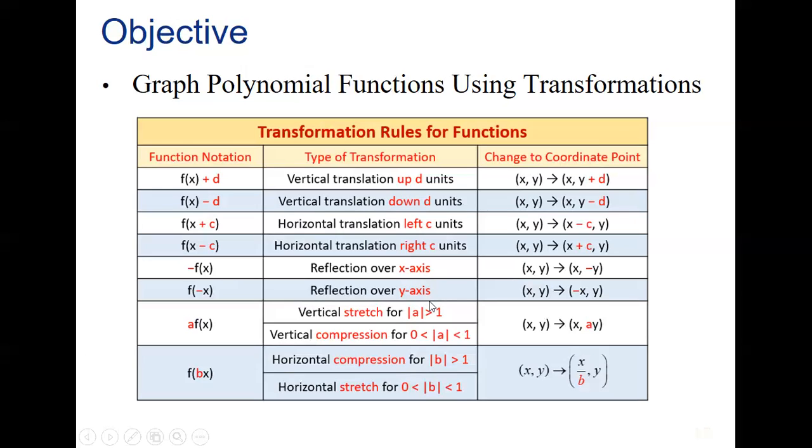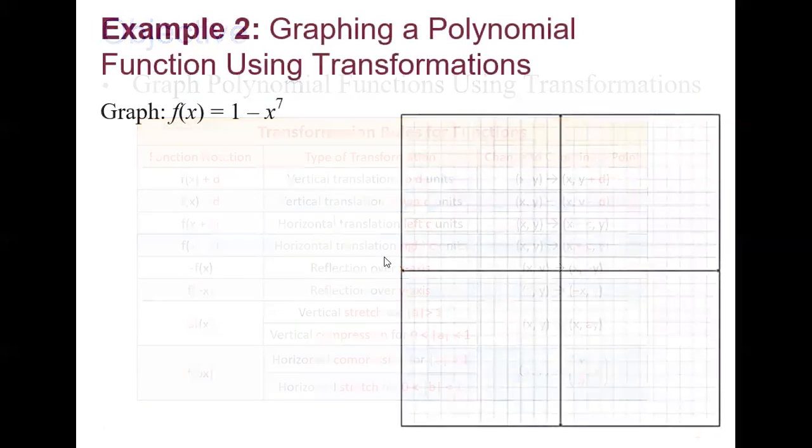If I have a negative with my x, it's a reflection over the y-axis. If I multiply, I'm going to stretch or compress if it's affecting the y. If I am multiplying the x, it's the opposite. I'm going to compress or stretch. Here you can see how it affects the ordered pairs. Anything new there? Not at all.